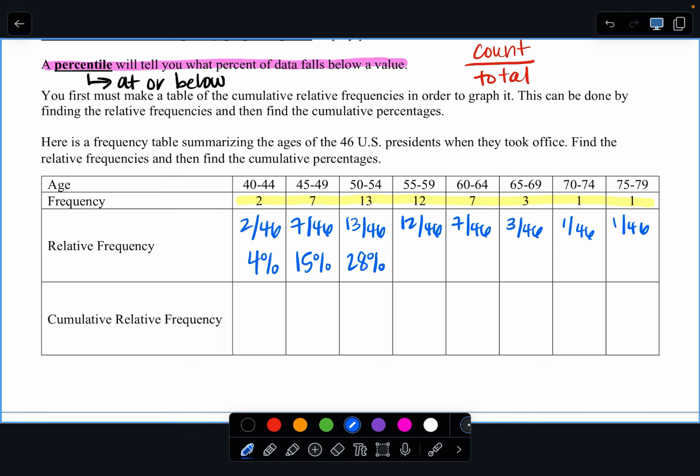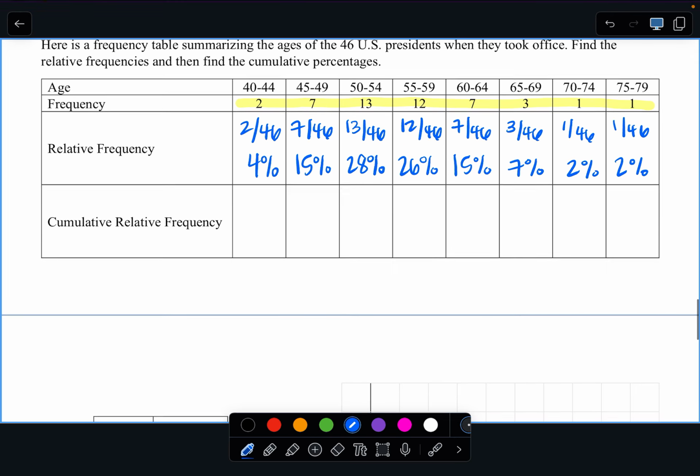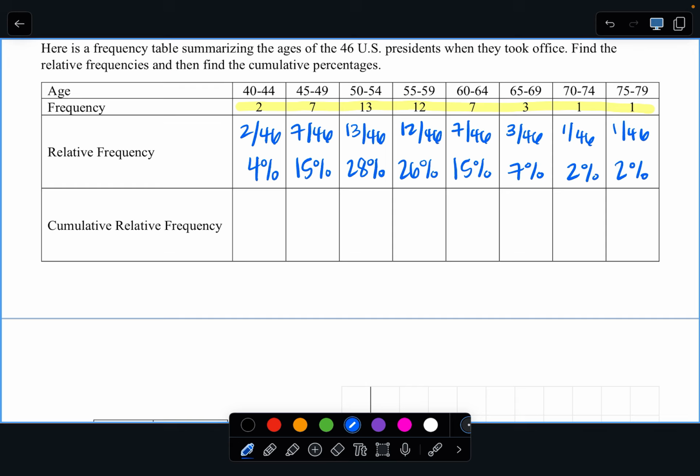But if you're doing a cumulative relative frequency graph, it makes the most sense. 26, and then I got 15, 7, 2, and 2. Now, with this rounding, with making it so that everything is a whole number, you will run into the issue of some rounding error occasionally.